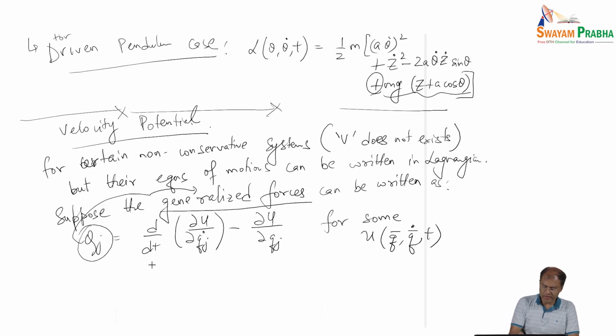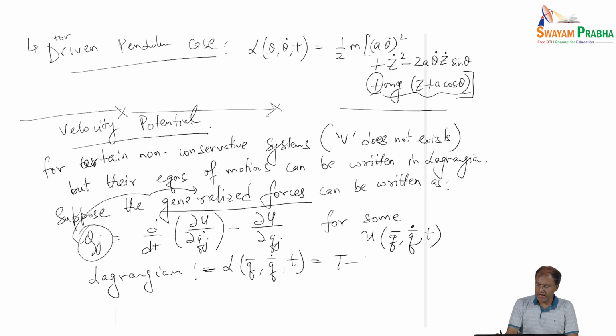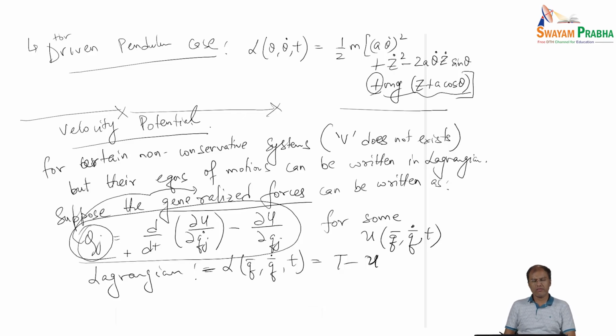Now again this time my Lagrangian L of q, q dot, t will be T minus U. So I have forcibly introduced the so-called velocity potential, whose definition is given by this circled equation. And now instead of the potential energy V, my Lagrangian is T minus U. So that is as general as you can get.